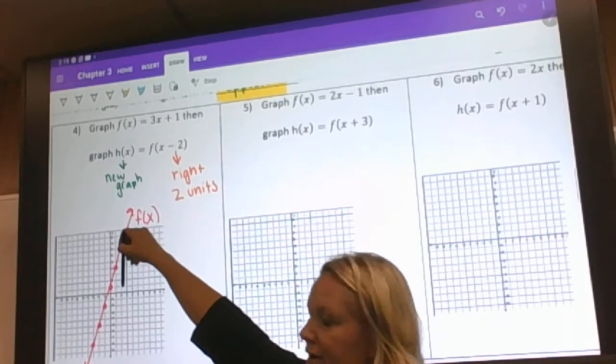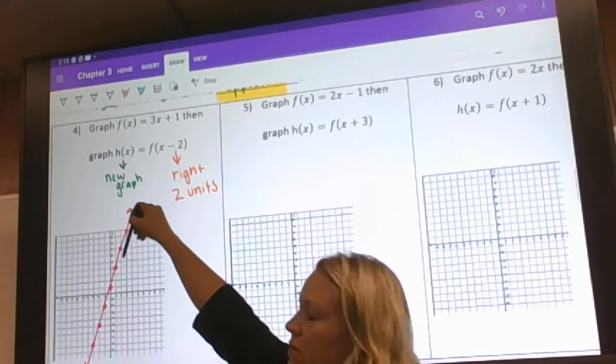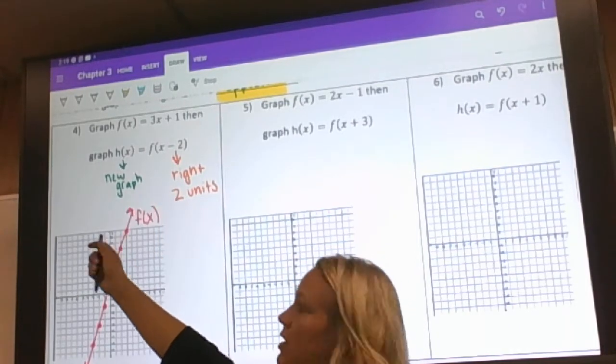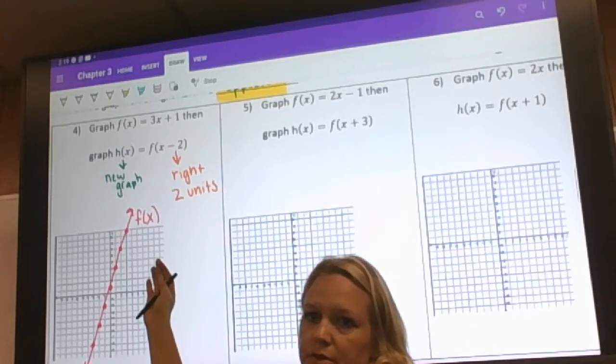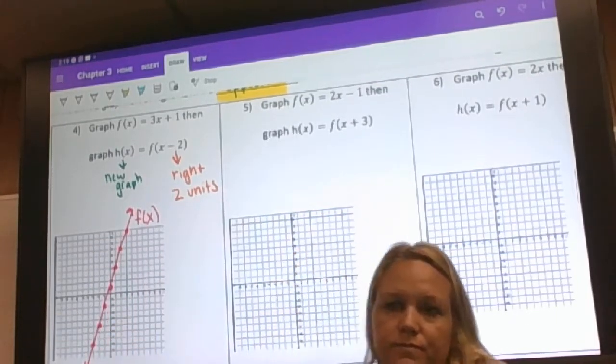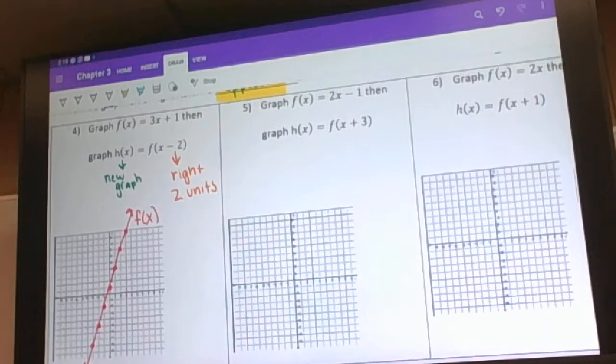It doesn't matter which. Actually, all of them you count right. Just count over 1, 2. Yes, but it's opposite. So the homework tonight is going to be like this.